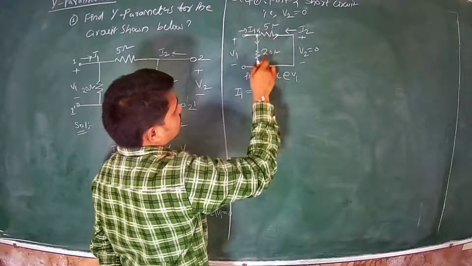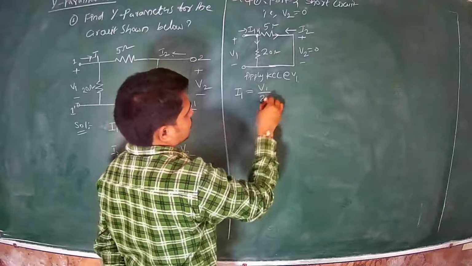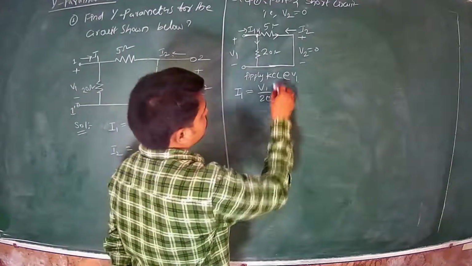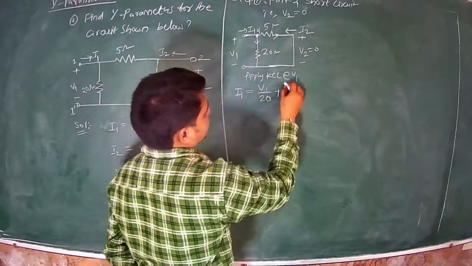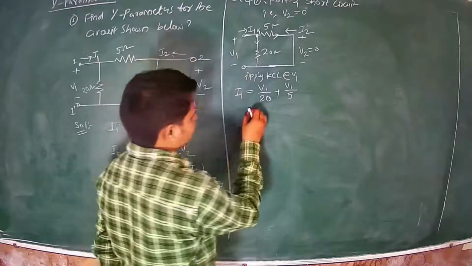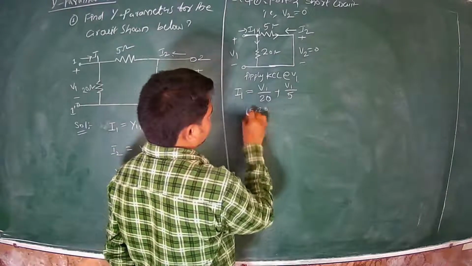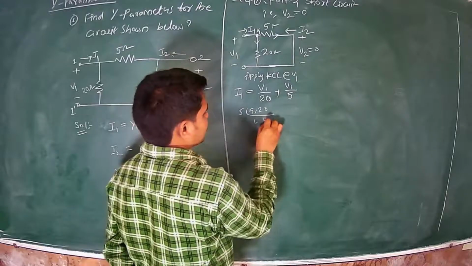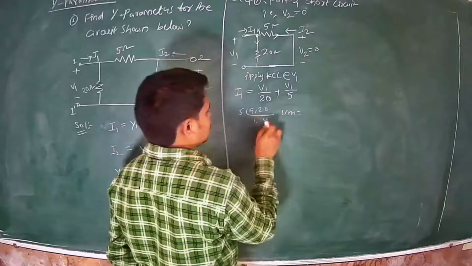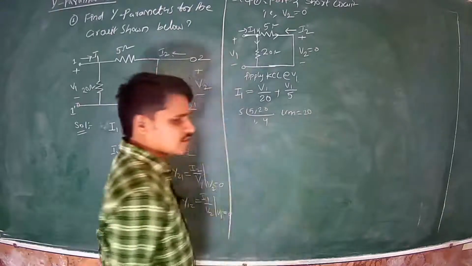So what is this current? V1 by 20, voltage by resistance, I is equal to V by R, plus this current is V1 by 5. Then find the LCM of 5 and 20. Therefore the LCM is 5 into 1 into 4, 20.